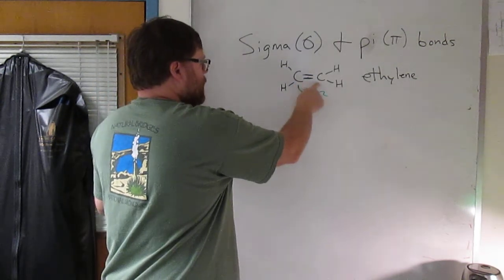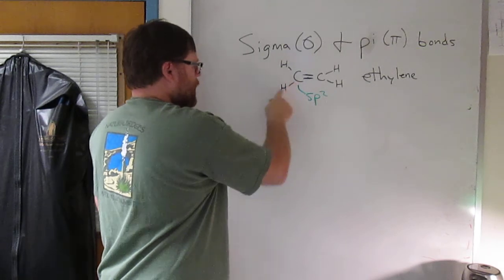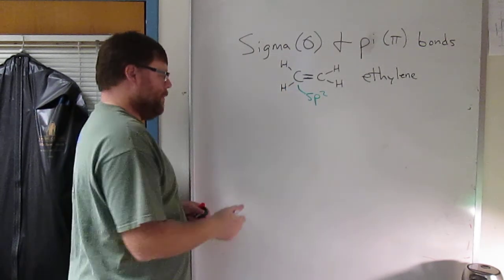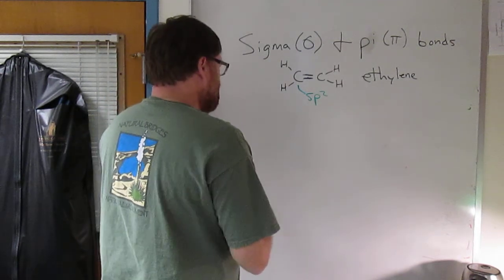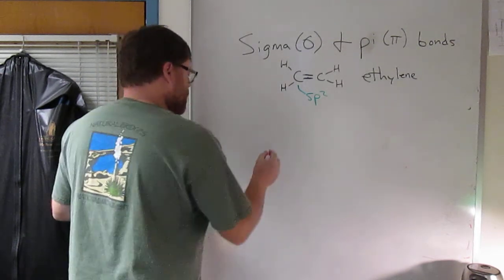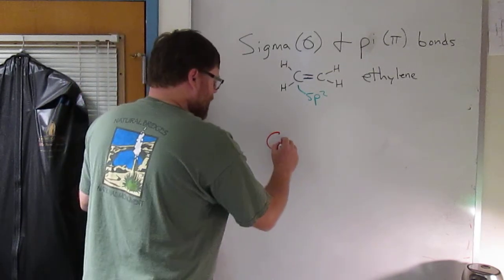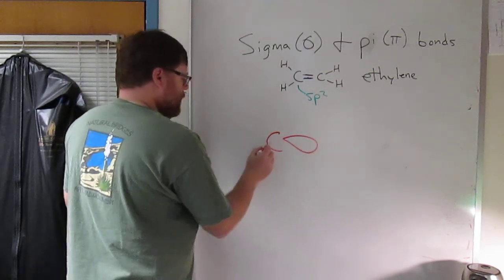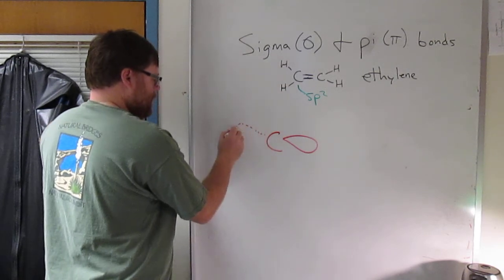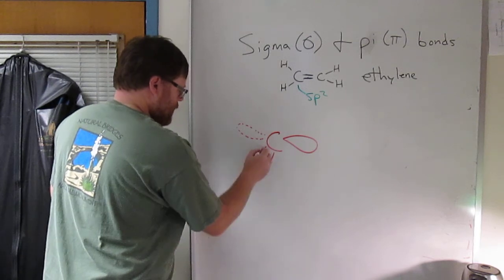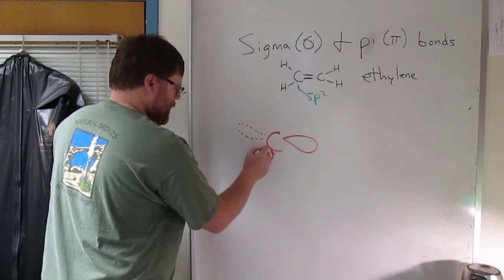So we're going to look at the bonding between the two carbons. The carbons are single bonded to H's. I'm going to leave those alone for a minute, but let's just take the carbon that we've said is sp2. So a carbon that's sp2, the sp2 orbitals, and remember, you now know what this means, the wedge.